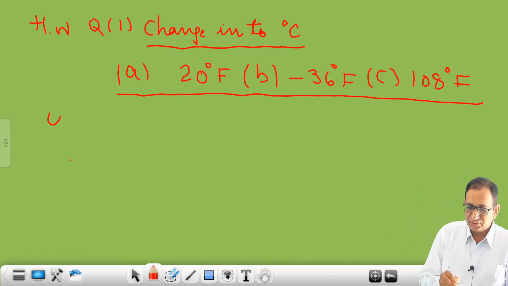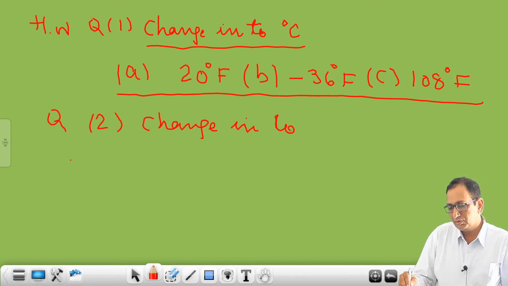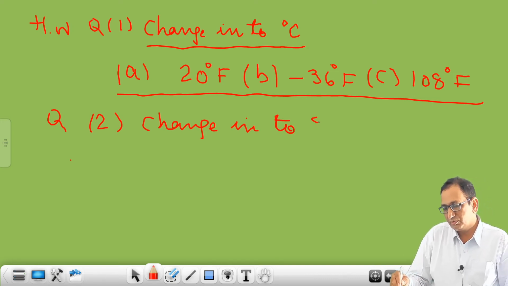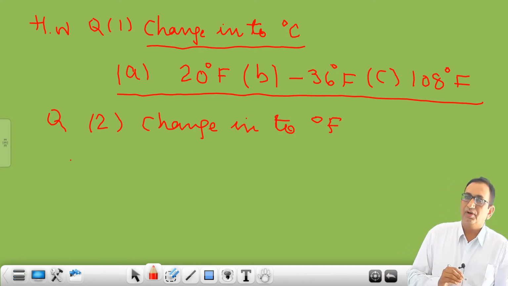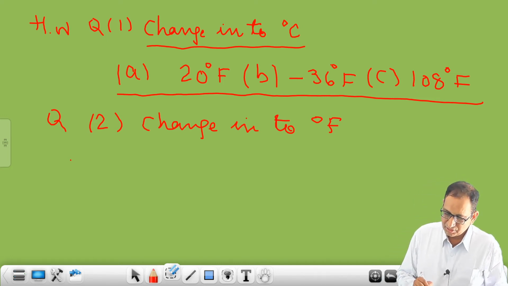And now students, your question number 2 is, now this question you have to write: change into Fahrenheit scale. You have to change into Fahrenheit scale. Okay students, so you can do it easily.